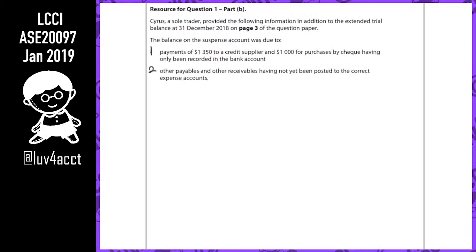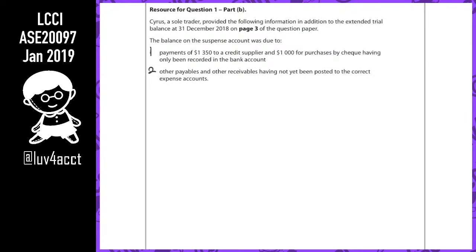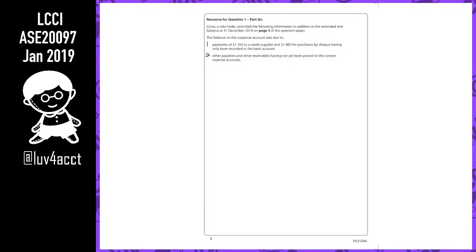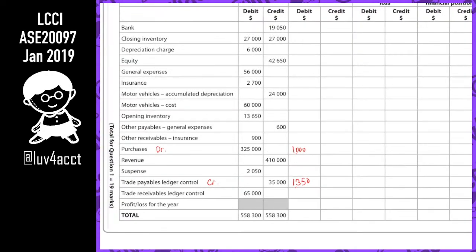We have other payables and other receivables not yet posted to the correct expense account. By the way, the items just now we have to put to the suspense as well, but I don't know if we will have to continue to work on the suspense for the other payables and other receivables part. So let's see.